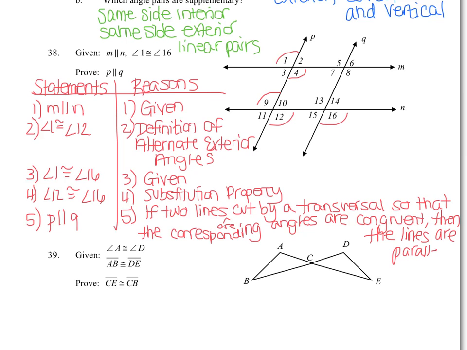If you want to write something like the converse of the definition of corresponding angles, I'll accept that as well. But remember that you can always write in what you're thinking if you can't remember what the exact reason is. And that is our proof.